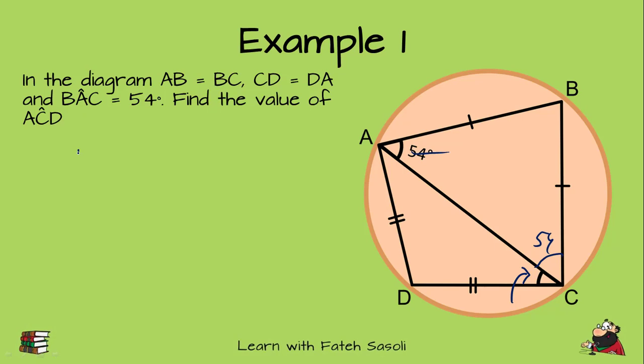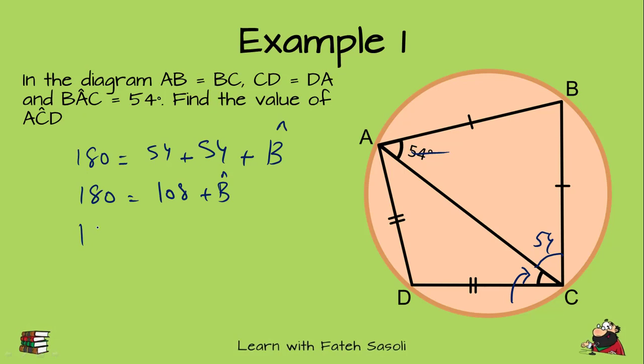So 180 is equal to 54 plus 54 plus B. 180 is equal to 108 plus B, and 180 subtract 108 is equal to B, which means the angle B is equal to 72 degrees.